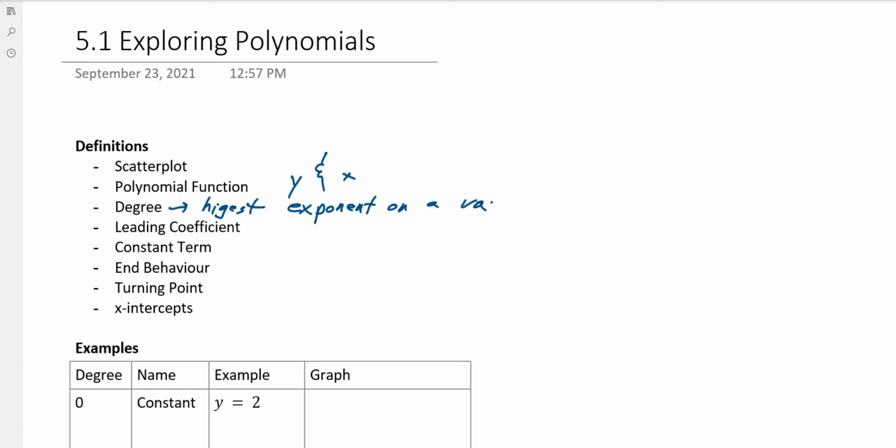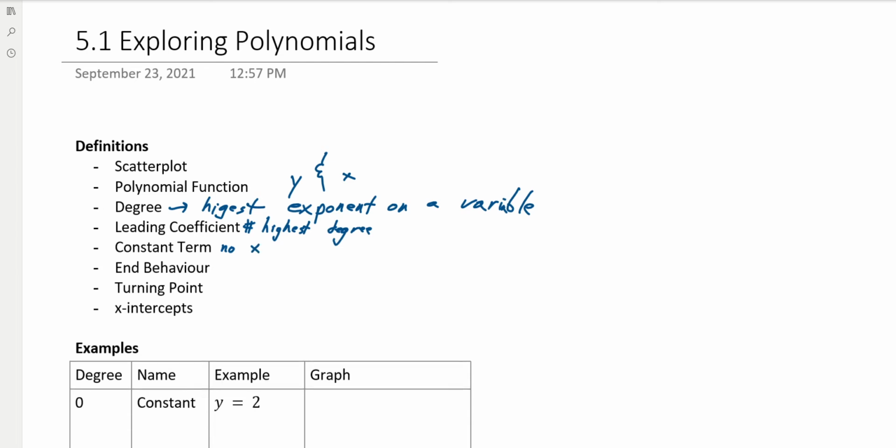So usually it's x, so it's x to the 1, x to the 2, x to the 3, x to the 4, etc. The leading coefficient is the number in front of the highest degree. The constant term has no x, just the number.